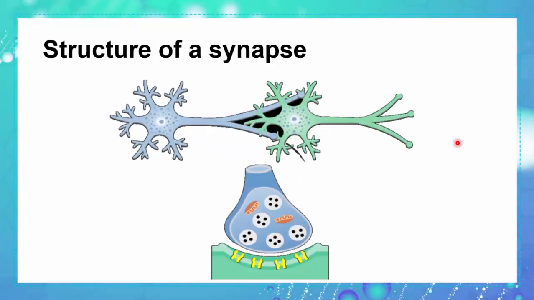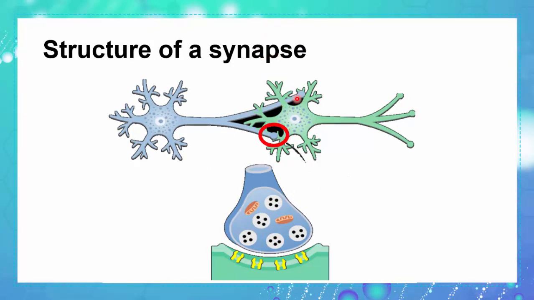What is the structure of a synapse? This is a synapse between two nerve cells. It's a neuronal synapse. Under the microscope, the synapse is made up of two main parts. The first one, which is the blue, is called the presynaptic neuron. It refers to the first neuron.